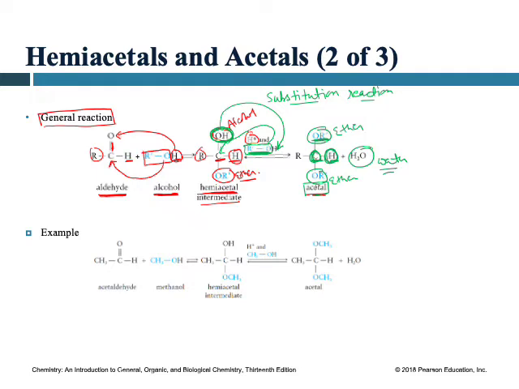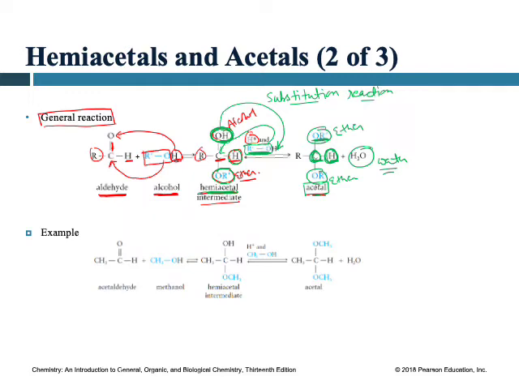That compound is acetal. Whereas hemiacetal is the carbon on which one group is alcohol, another group is ether, and the third group is hydrogen. So that's your hemiacetal. Make sure you know the difference between hemiacetal and acetal.